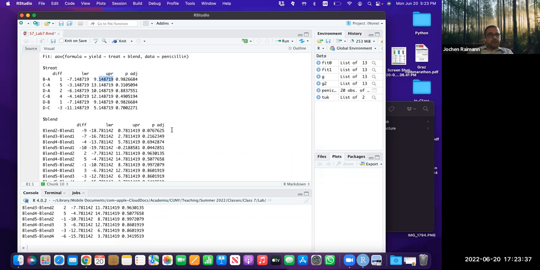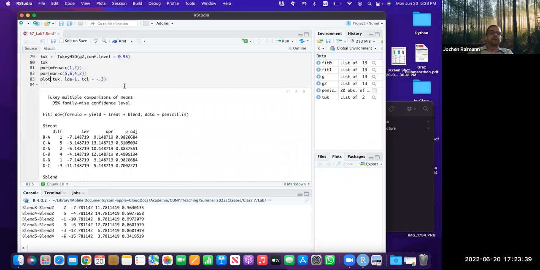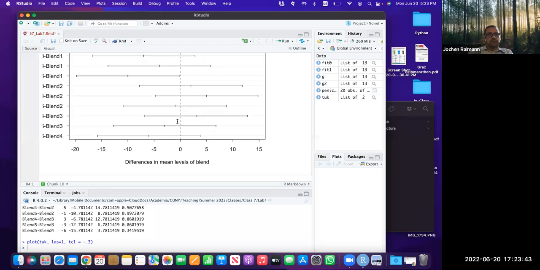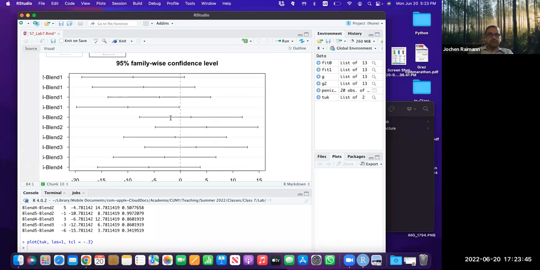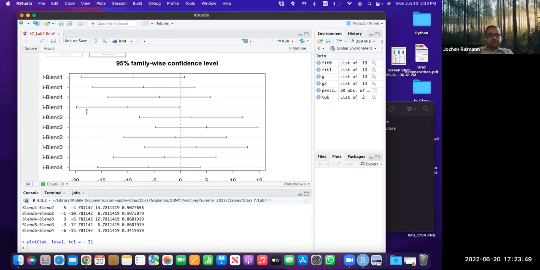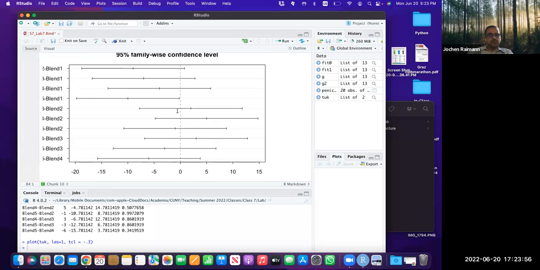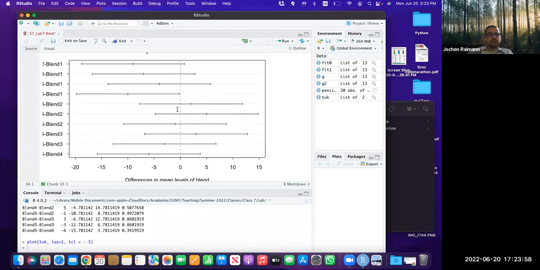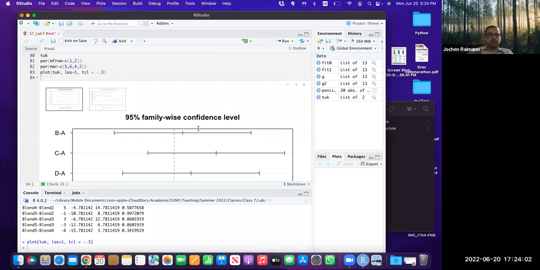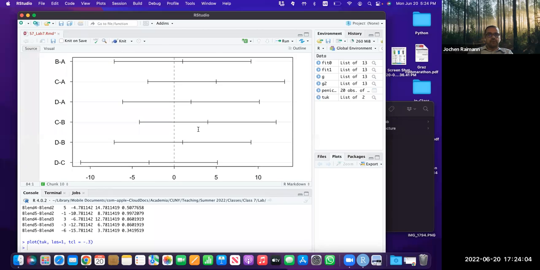So again, if you take here plot Tukey and you display Tukey, you essentially see that there are not dramatic differences, but there are influences of blend. Here, for example, that you did not see with your treatment, but you see them with the blends, which essentially is not apparent here with your treatments.